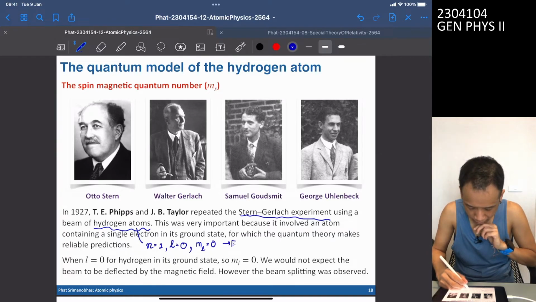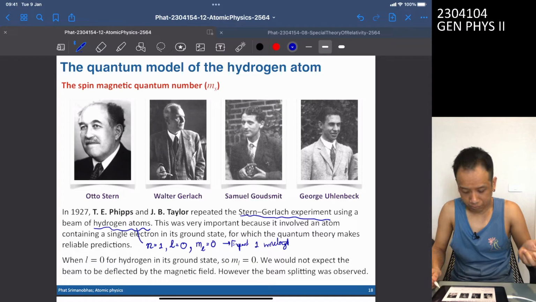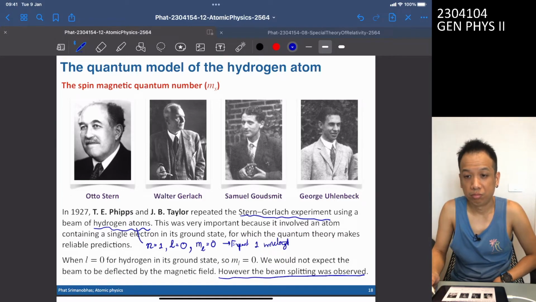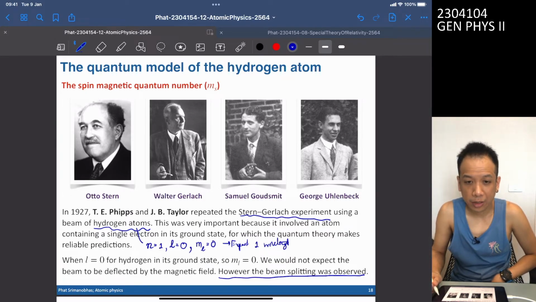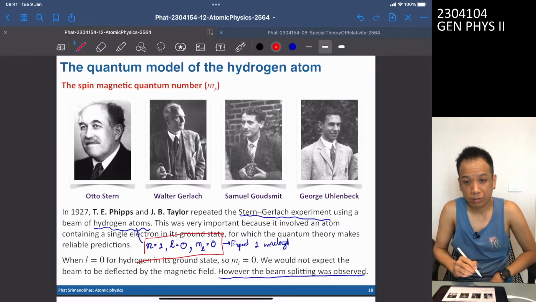So they expected one wavelength. But no, the experiment showed that the beam splitting was there. This means that these 3 quantum numbers are not enough. They need something else to explain.